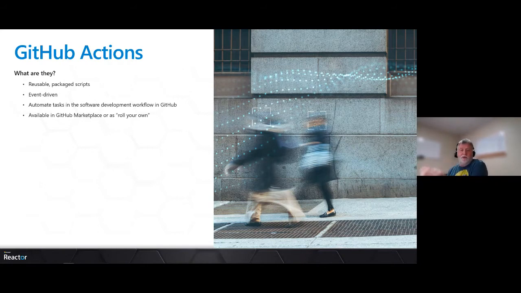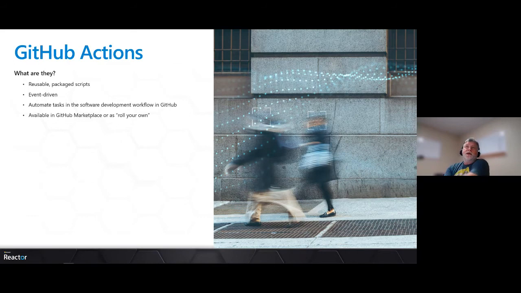So they're event-driven as well, but they give us the ability to automate things like checking out the latest version of source code so that we pull that into the host that we are currently running our CI or CD process on for execution, or setting up our node environment. There are a ton of GitHub Actions out in the GitHub marketplace that other companies and other folks have developed. You can actually create your own GitHub action as well. In the links that we'll be providing you, there's some documentation on how you go about doing that.